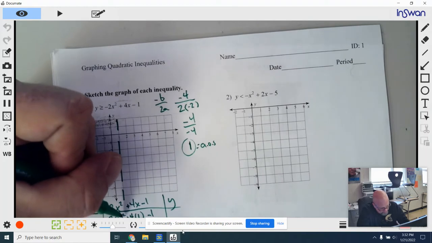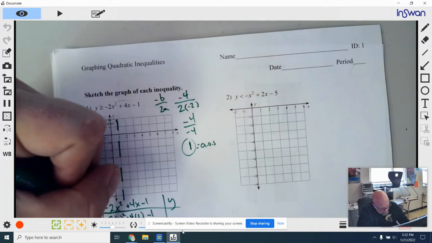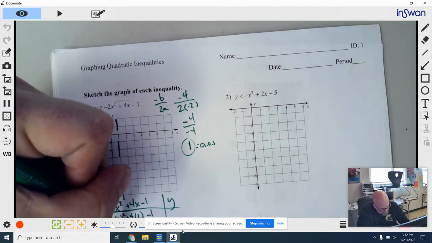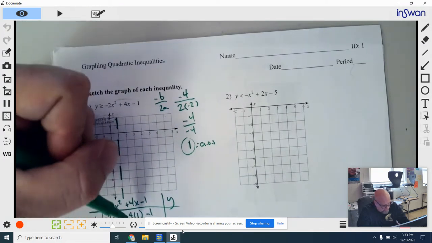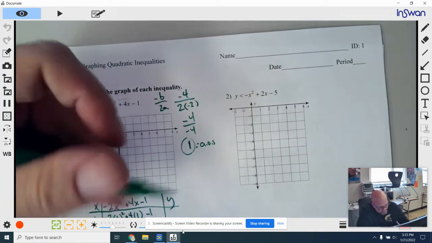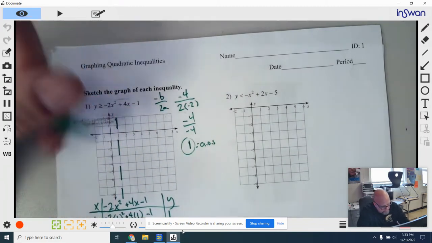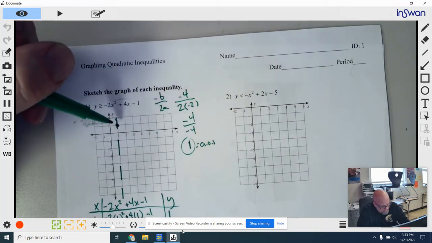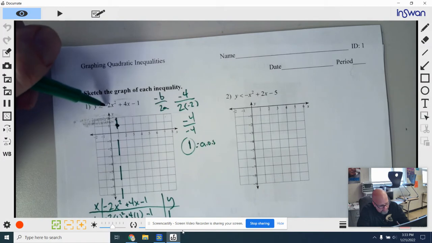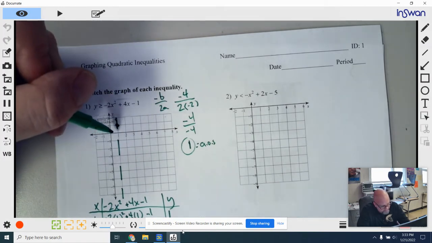All right, 1 squared is 1, and 1 times negative 2 is still negative 2. Plus 4 times 1 is 4, take away 1. Negative 2 plus 4 is 2, minus 1 is 1. All right, so when I plug in 1, I get 1. And I know this is going to be a maximum point because there is a negative there, so it's got to be opening downwards.